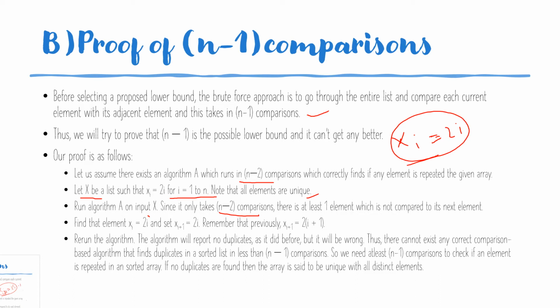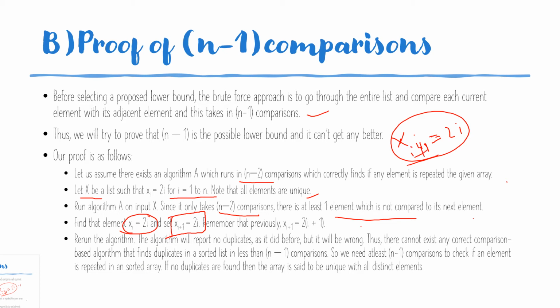Since x_i is equal to 2i, there is at least one element left out which is not compared to its next element. First I find that element, and then I set x of i plus 1 equal to 2i. Earlier x of i was equal to 2i, and now x of i plus 1 is equal to 2i.